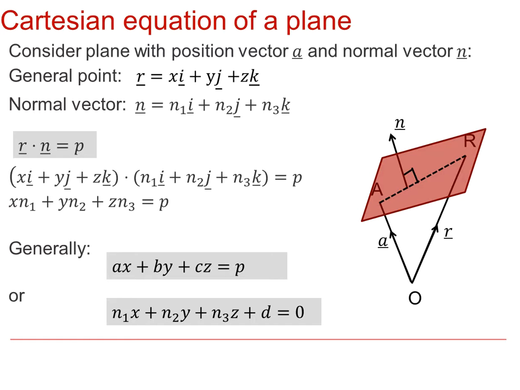Sometimes n1, n2 and n3 are given as a, b and c in textbooks. However, the formula book for the exam uses n1x plus n2y plus n3z plus d equals 0.